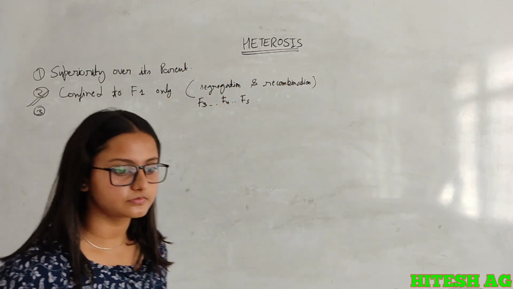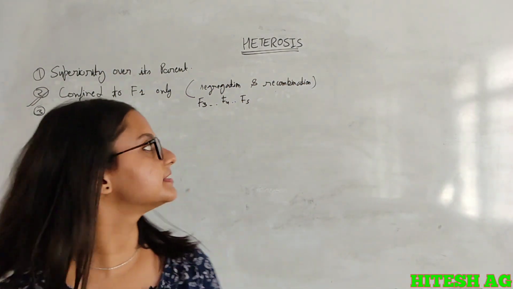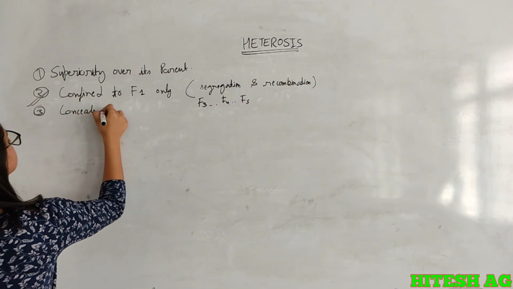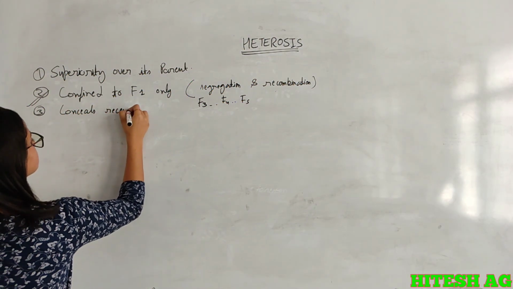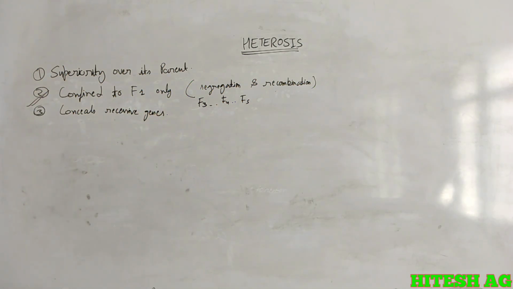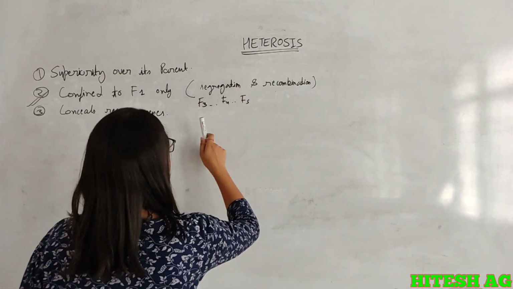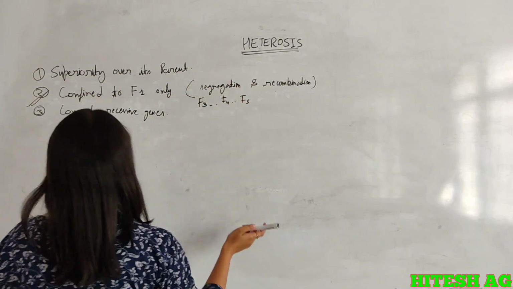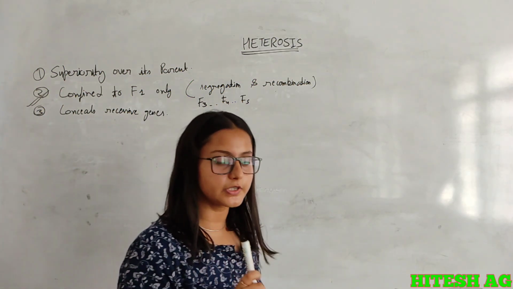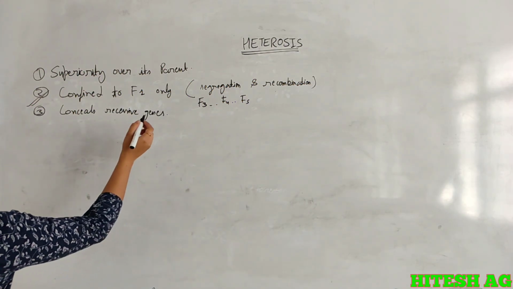Third one is conceals recessive genes. So heterosis is the result of dominant gene effect over its recessive deleterious genes or alleles, right?